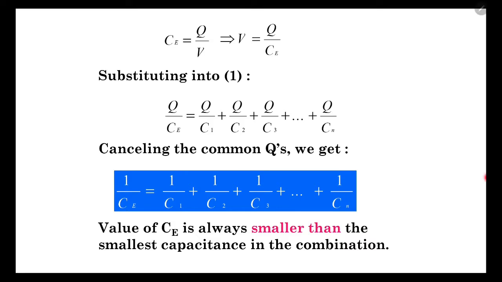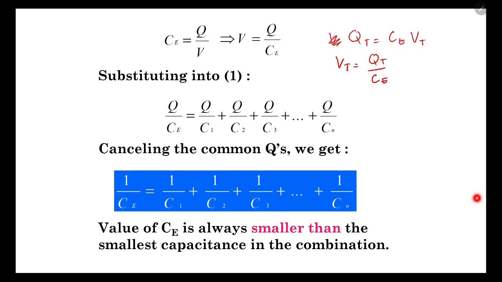Q total is equal to C effective times V total, the total potential. Alright, so we want to find the C effective. So V total is equal to Q total over C effective.